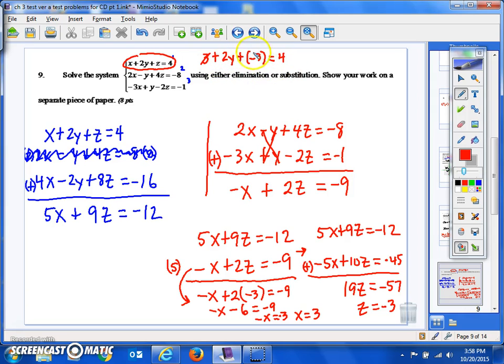Well, the positive 3 and the negative 3 would just cancel each other. 2y equals 4, so y is 2. So my final answer as an ordered triple: x is 3, y is 2, z is negative 3.